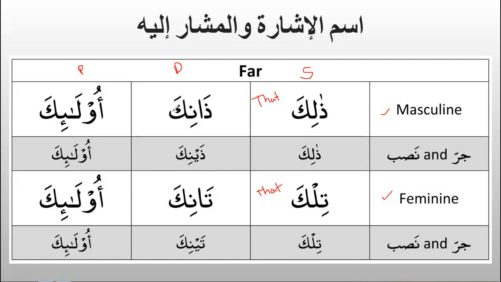Dhanika is "those two," masculine. Tanika is the same, "those two," for feminine. Ulaika is for masculine plural, meaning "those."